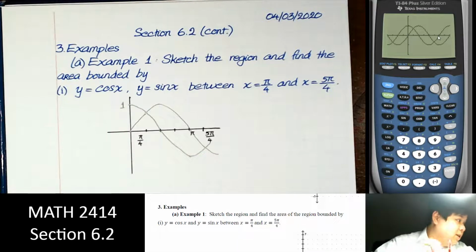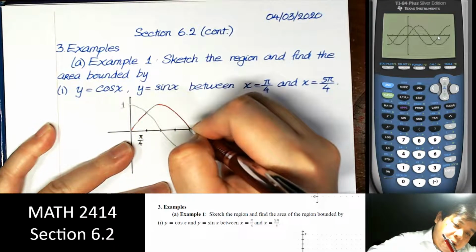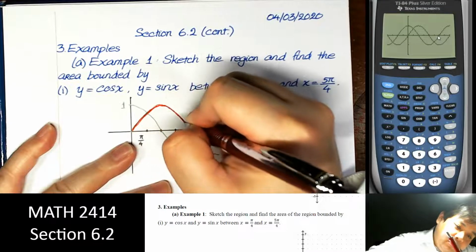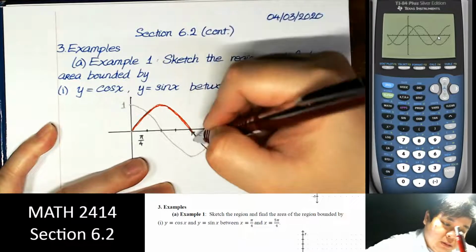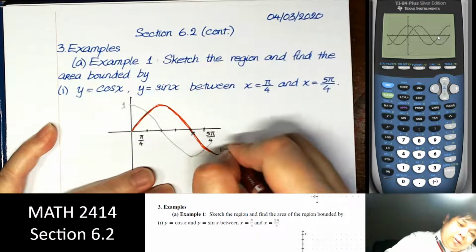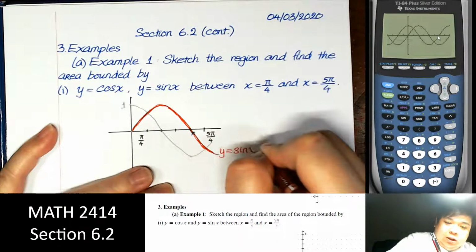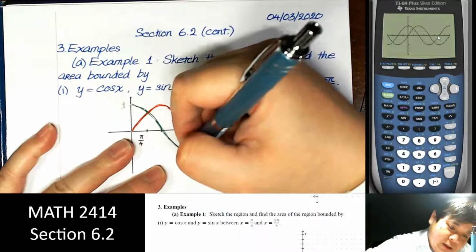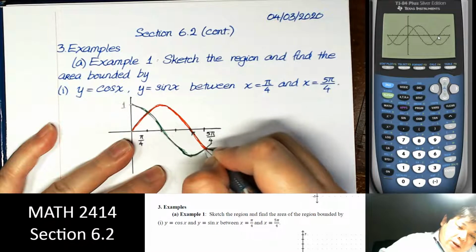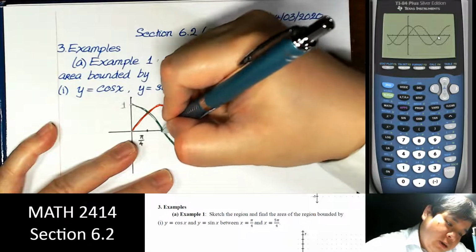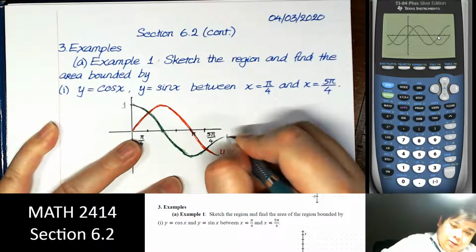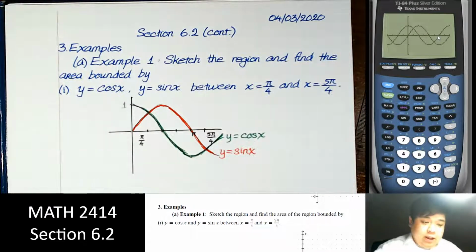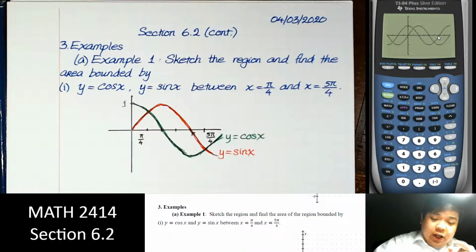Right, so that is sine x, and the area is going to be between pi over 4 and 5 pi over 4. So we're talking about this area.